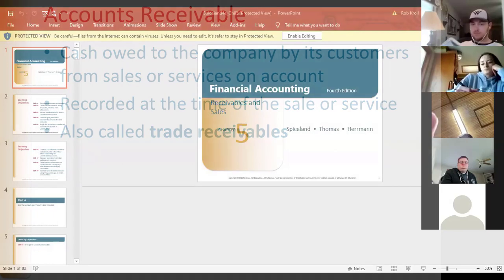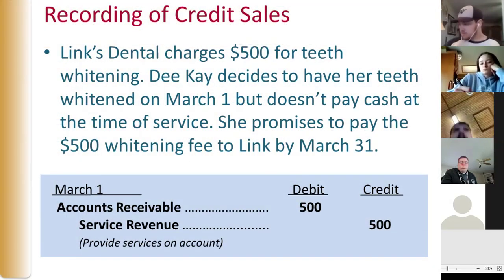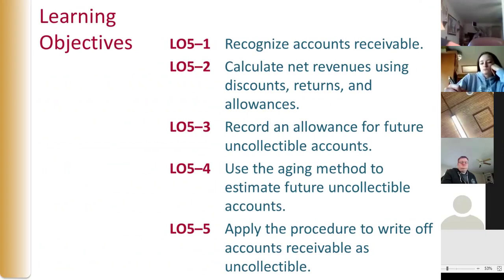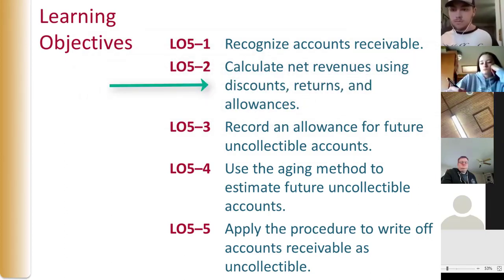So revenue on account is a debit to accounts receivable and a credit to service revenue. But we introduced 3 new contra revenues. I'm gonna go slower once I get there. The 3 new contra revenues that we talked about were sales returns, sales allowances, and sales discounts.